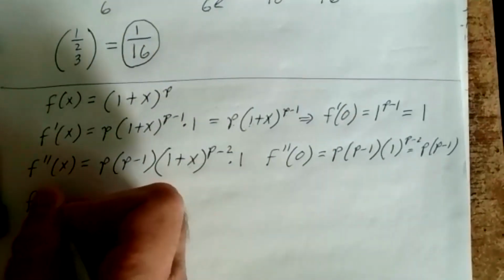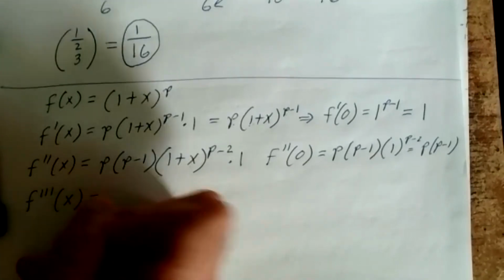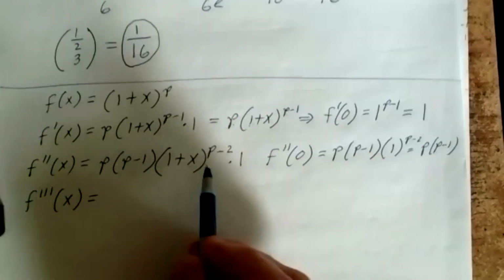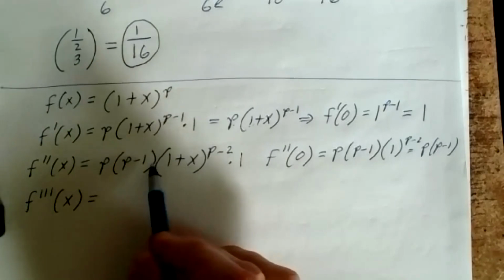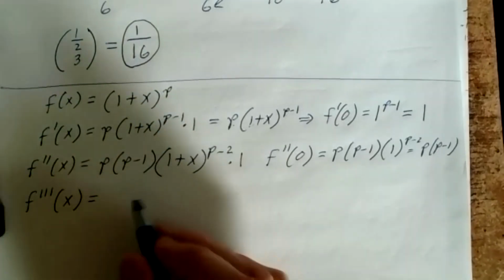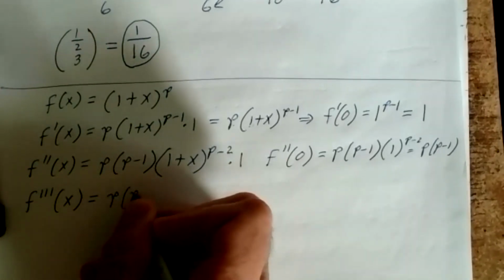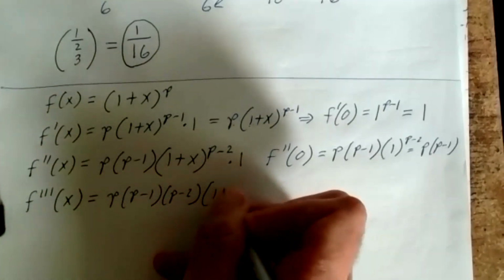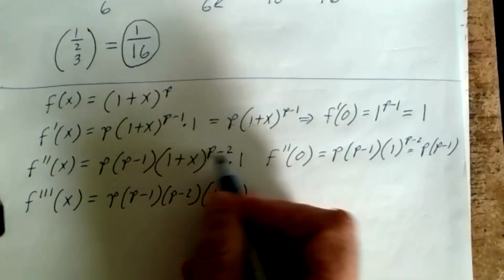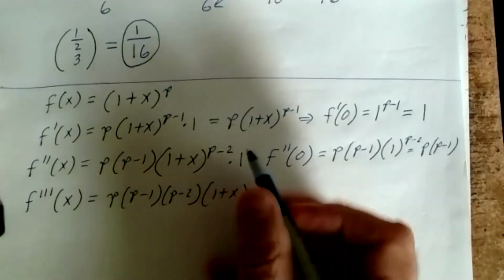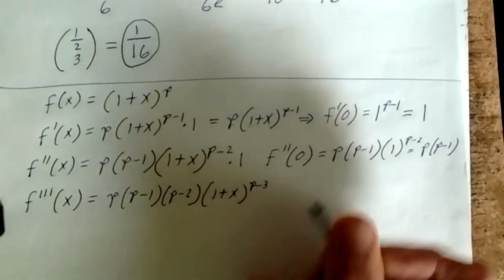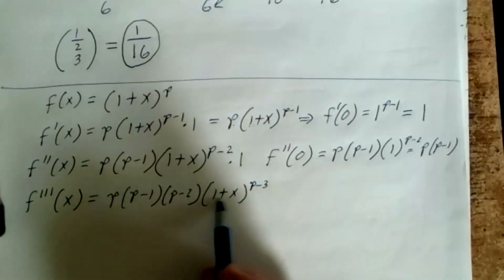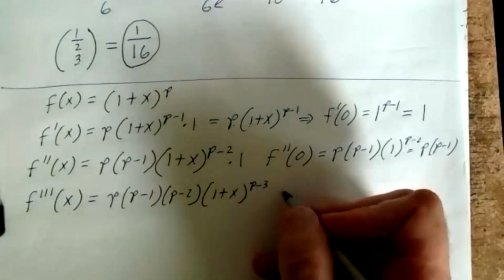The third derivative of this function is going to have us bringing the p minus 2 down in front and multiplying by all this that exists. So we have p times p minus 1 times p minus 2 times 1 plus x raised to this power decreased by 1. p minus 2 minus 1 is p minus 3 power. Times technically the derivative of 1 plus x, which is times 1 again.